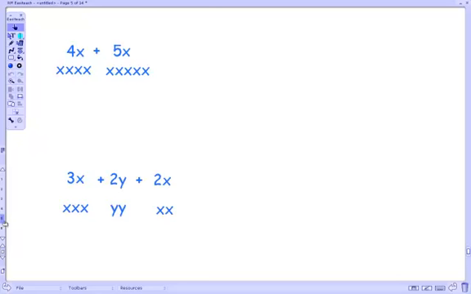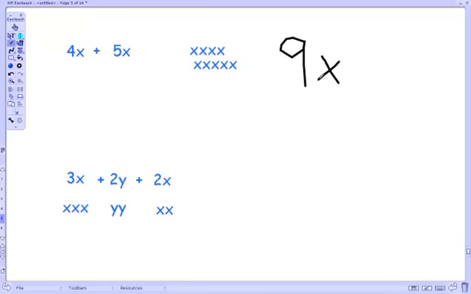What would you say? So you would actually take them and put them all together and say, I have 9 x's. And the book, or the test or the worksheet, won't just say identify, it will say combine like terms. It could also say simplify.